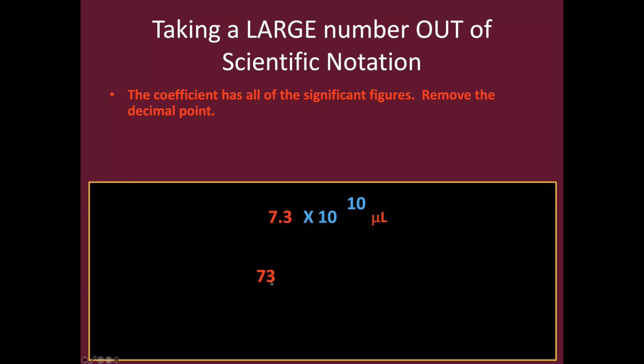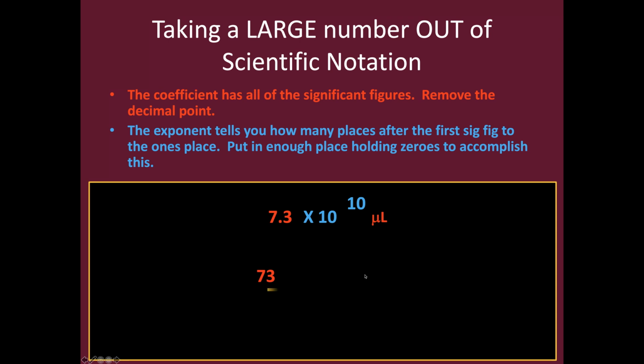This 3 is going to be the first of those 10 places. So we'll have this 3 as the first place, followed by 9 zeros. And that will give us a total of 10 places to get back to the ones place. All right. Now, again, it's not the number of places after the 3. It's the number of places after the first sig fig.